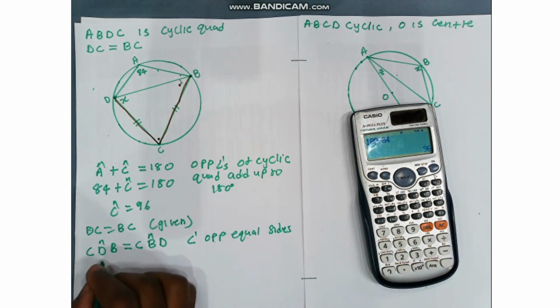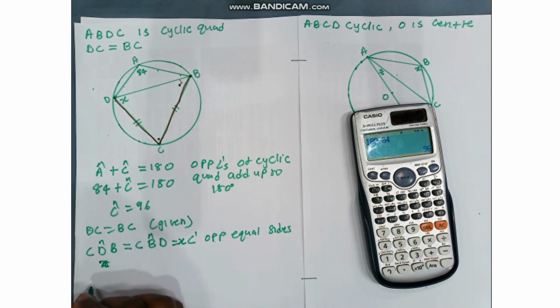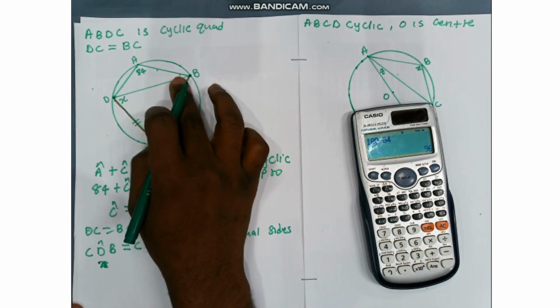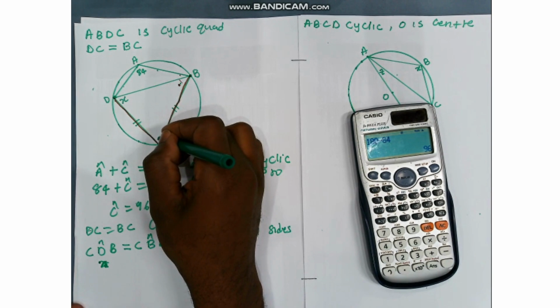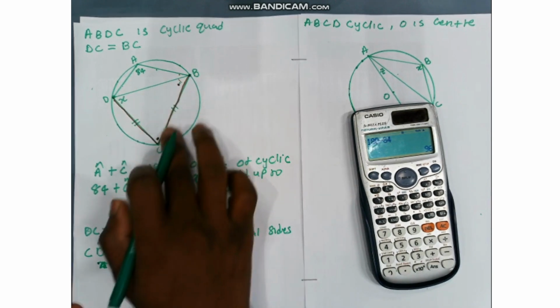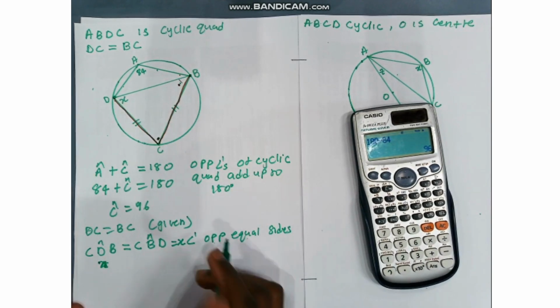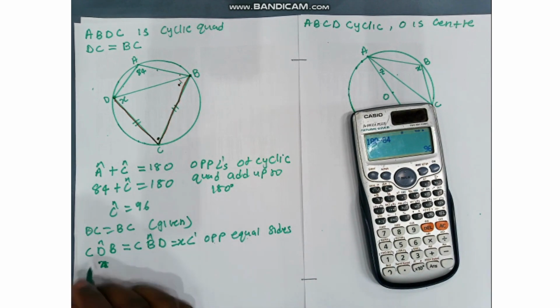Now we know that both of them are just going to be equal to x. If this is x, we know this is 96. We can use the sum of a triangle here to calculate our unknown, which is x.